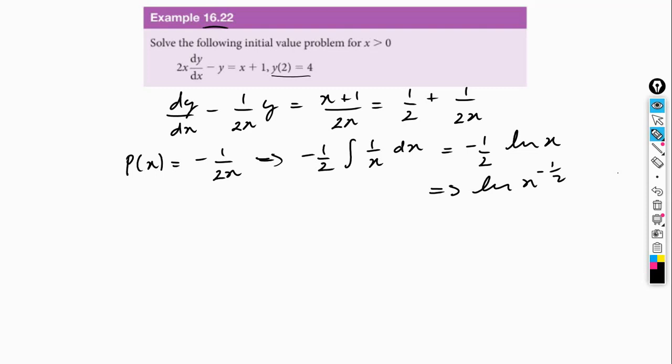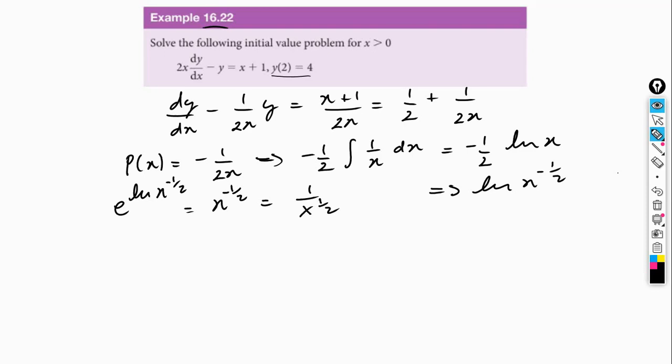So the integrating factor is in the form e to the power of the natural logarithm of x to the minus 1/2. Therefore, the integrating factor is going to be x to the minus 1/2. Or if you prefer, 1 over x to the 1/2.